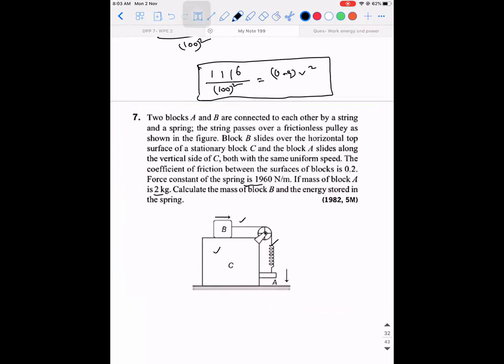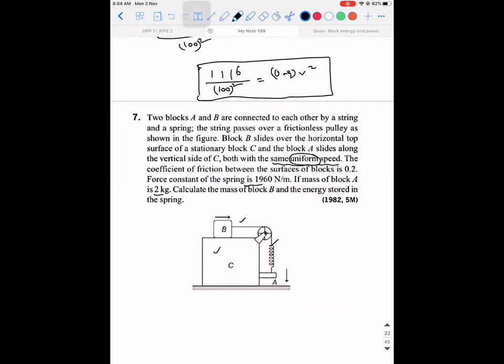Did anyone find it out? Both the blocks are moving with uniform speed, same speed. So they are moving with same uniform speed. No, it's not about same speed. They are moving with same uniform speed.